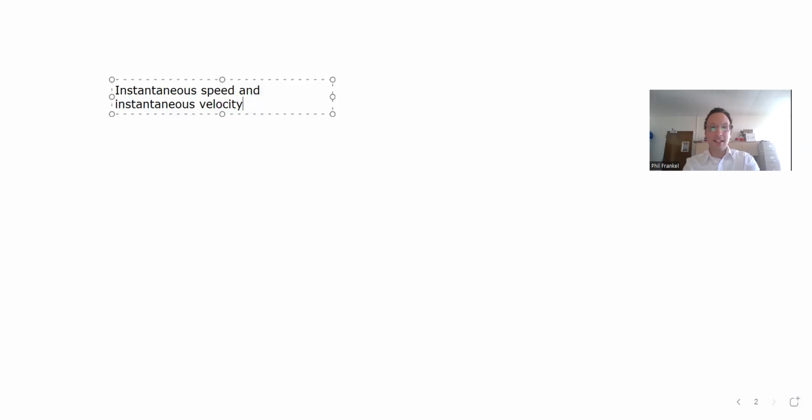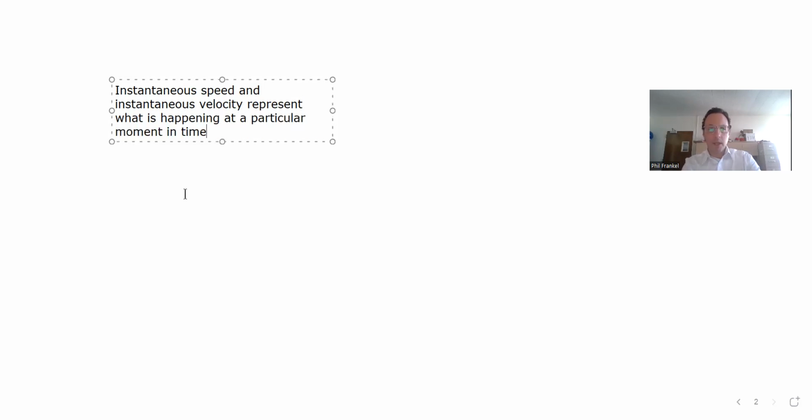Instantaneous speed and instantaneous velocity are these at-a-moment equivalents to the average speed and average velocity. These represent what is happening at a particular moment in time.